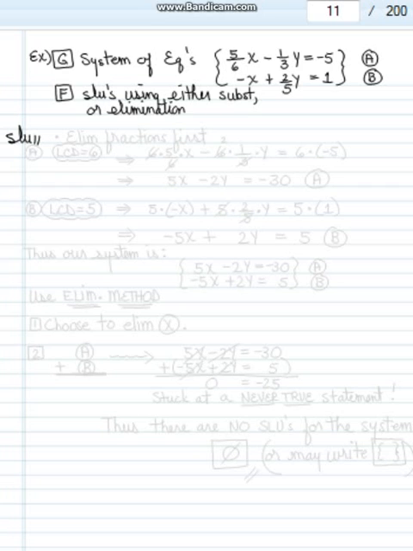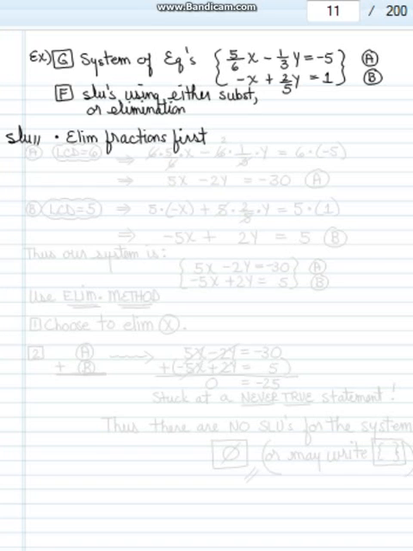Okay, now before I decide which method I'm going to use, I do not like fractions, and when I have an equation, in other words, I have an equal sign in my statement, I'm allowed to get rid of the fractions by multiplying both sides by the LCD. So let's eliminate fractions first.